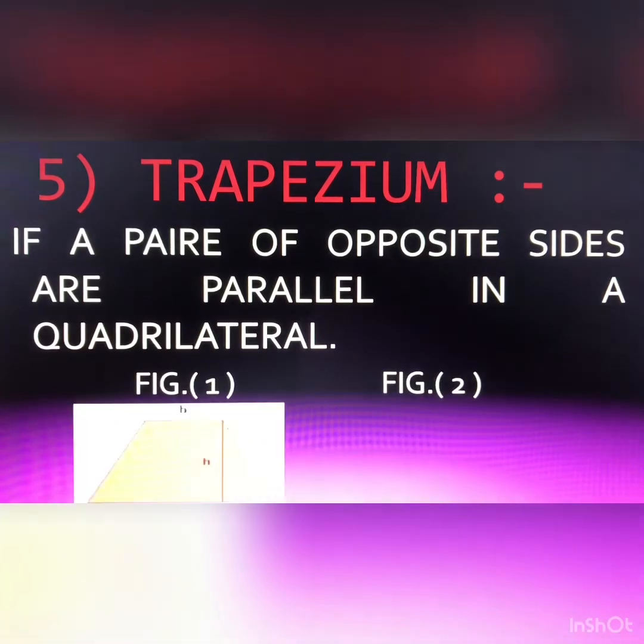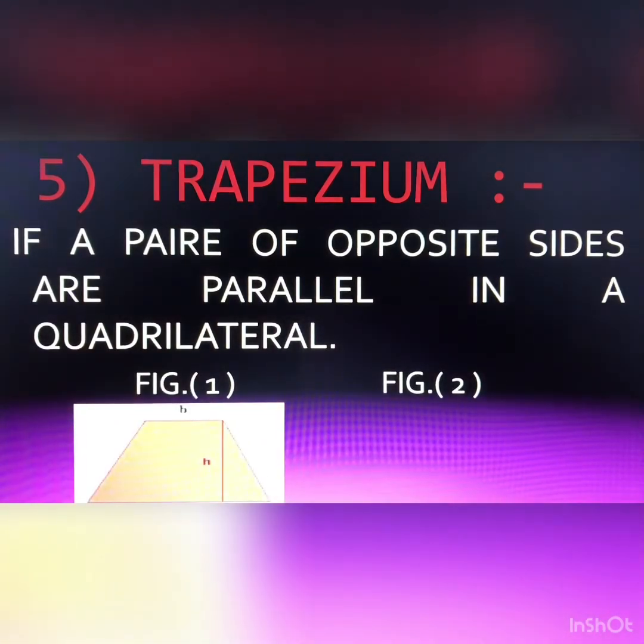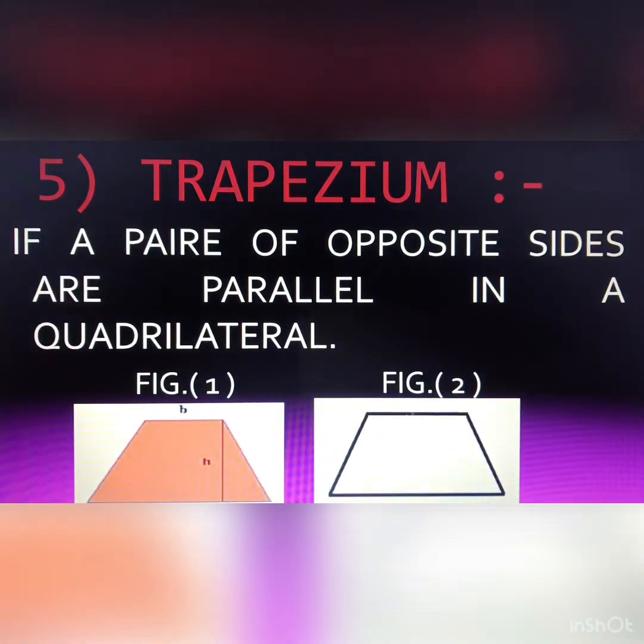So this is an example of a trapezium. You can see that these opposite sides are parallel. And this is another example: the top side and base side are parallel, therefore this is known as a trapezium.